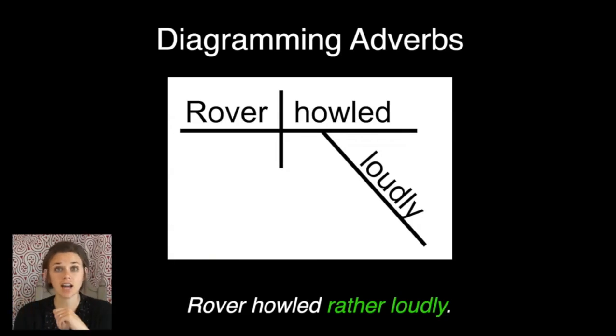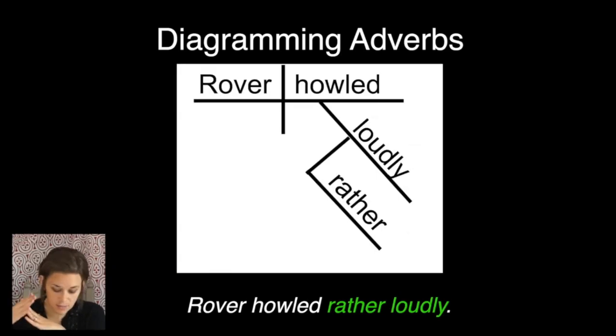So loudly is an adverb that goes underneath the verb. Rather is telling us more about loudly. How loudly? Rather loudly. So we show that it's modifying the adverb loudly by putting it on a slanted line underneath the adverb loudly. So there's the diagram of the sentence, Rover howled rather loudly.